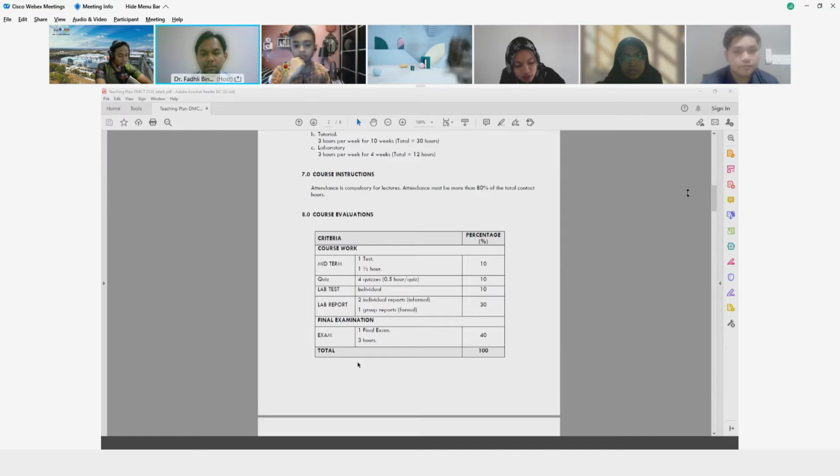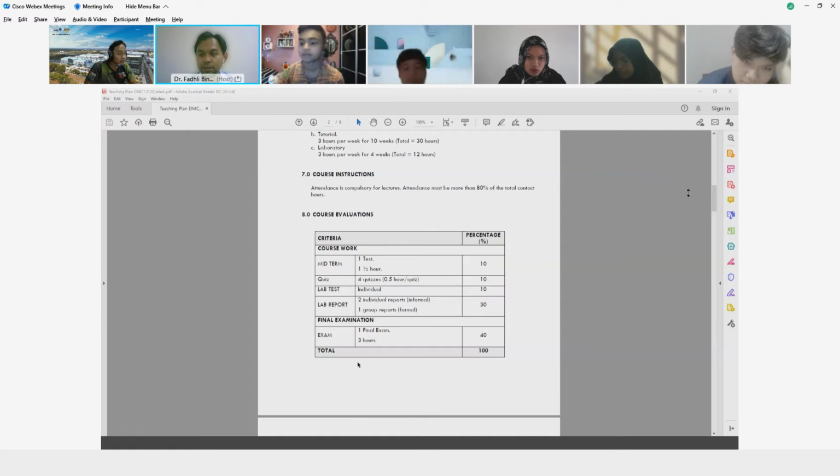For the evaluation, it is divided into two categories. First is coursework, and second one is final examination. So let's look at the coursework first. For the coursework, there are 4 criteria. First is midterm.